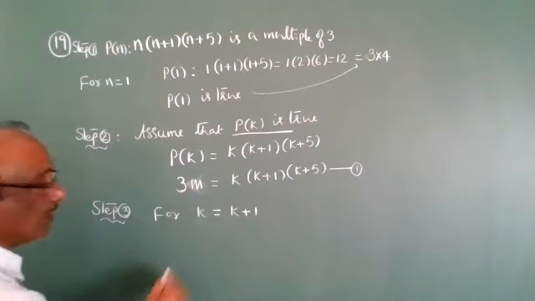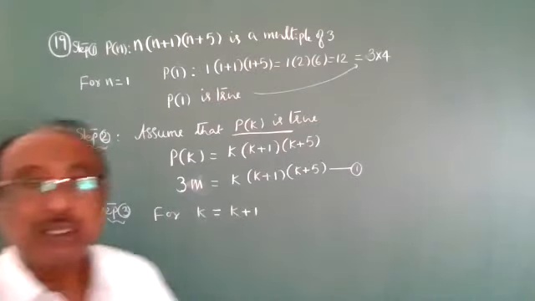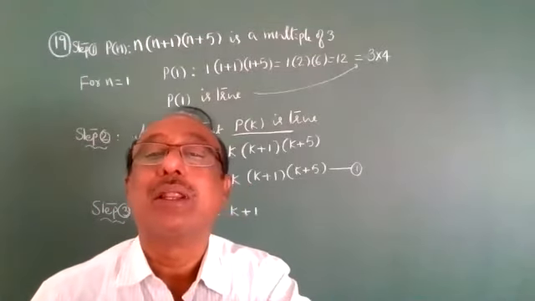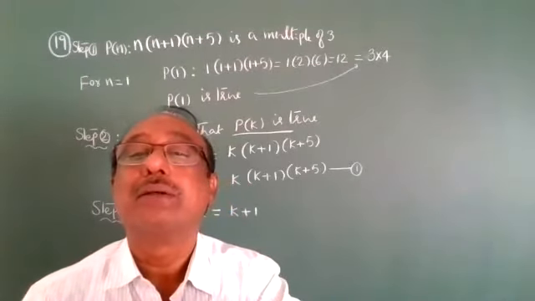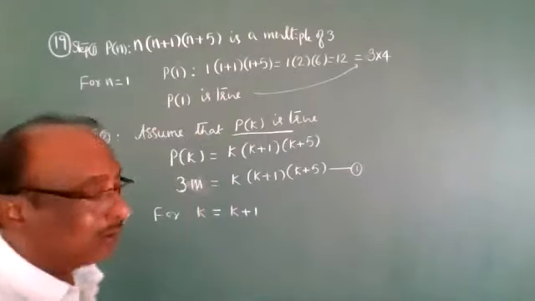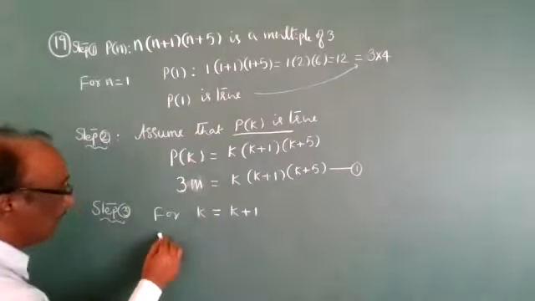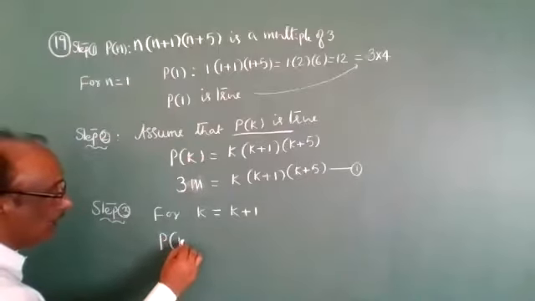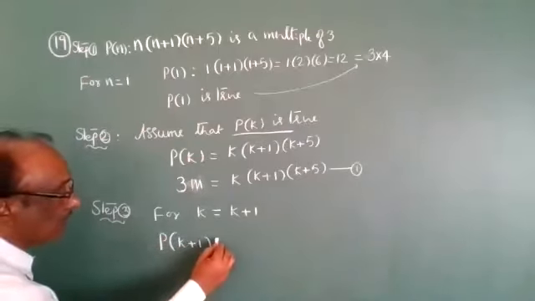For k is equal to k plus 1. Everyone see. Now write down P of k plus 1, where in place of k we write k plus 1.